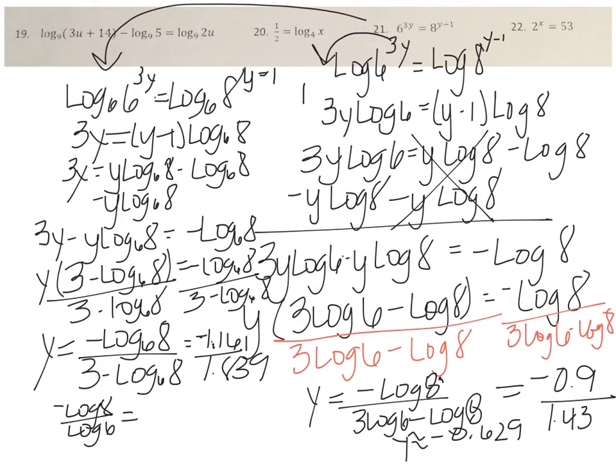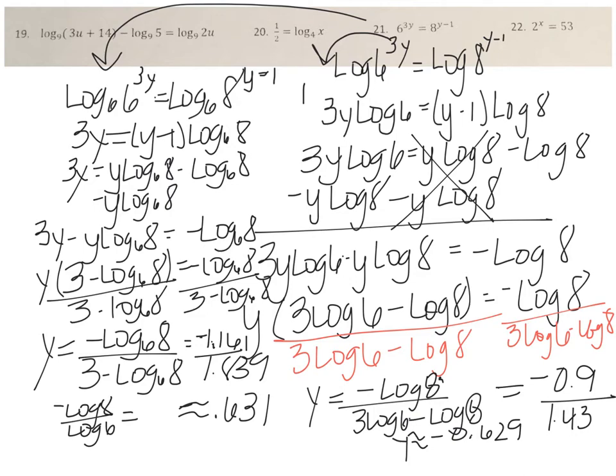And then 0.161 divided by 1.839 gives me 0.631, which is close enough because I rounded that answer. So I got approximately 0.631, which is only off by 2 thousandths places, and that's because I rounded both of those answers.